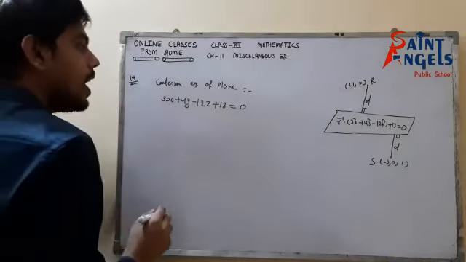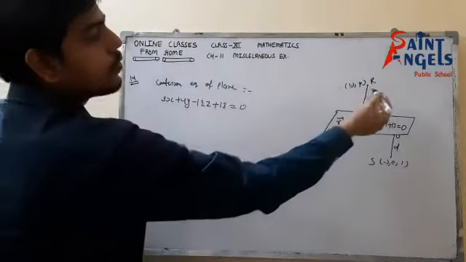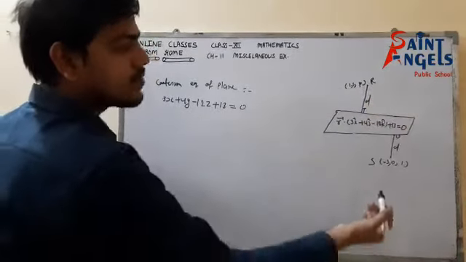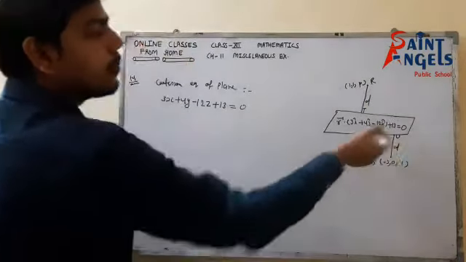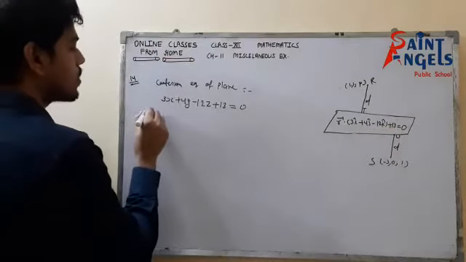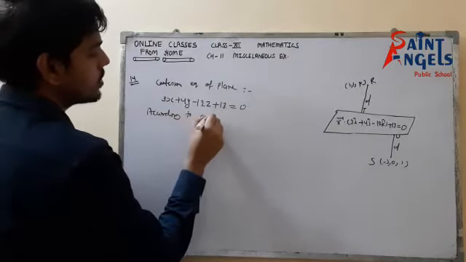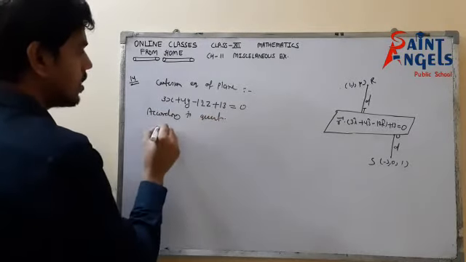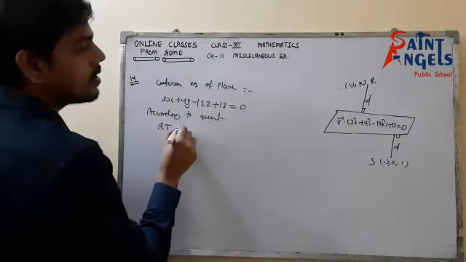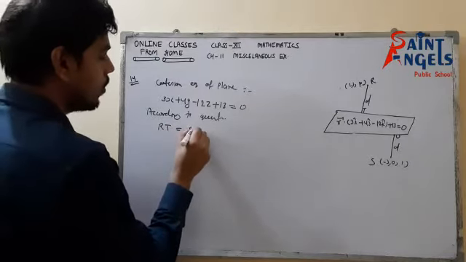Now we are given that the distance from point R to the plane and the distance from point S to the plane are similar. So according to the question, RT equals SU.